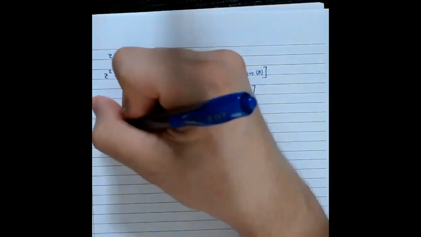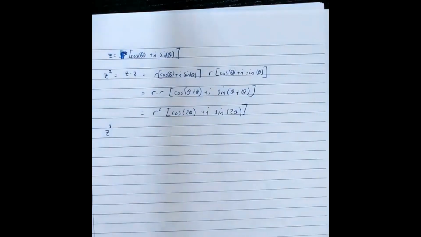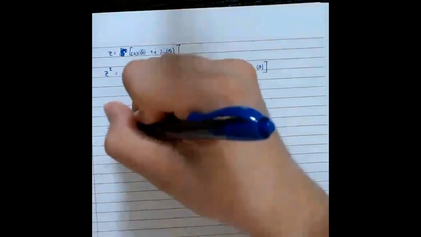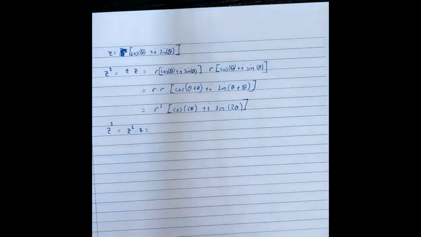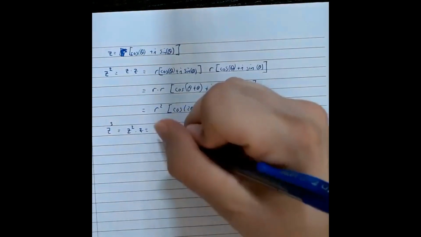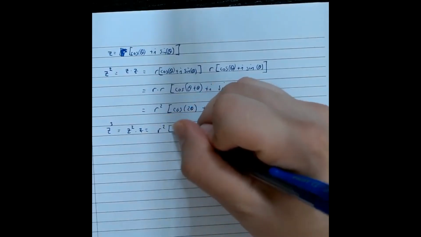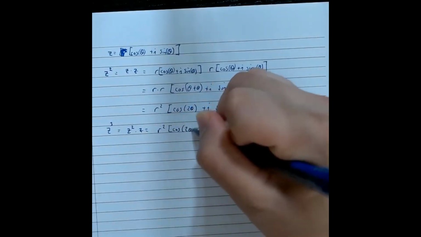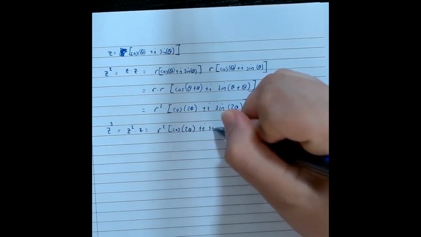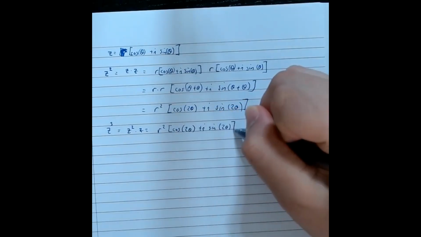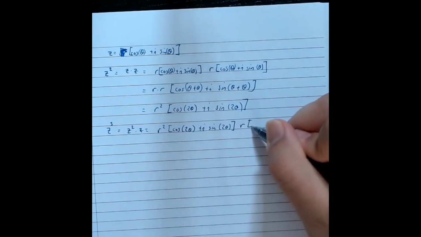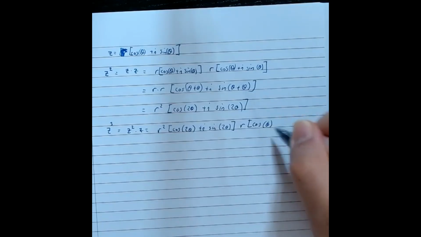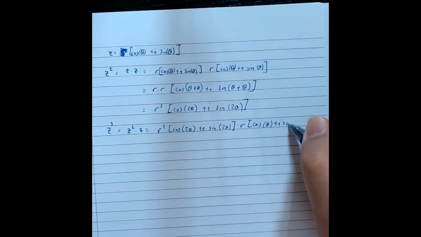But what if I wanted to cube it? What if I wanted to say Z to the third power? Well, notice Z to the third power is Z squared times Z. Or in other words, it's the thing that I just wrote down, which is Z squared, times r cosine of theta plus I sine of theta.